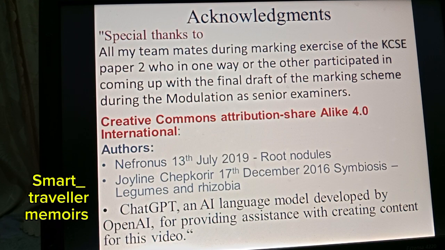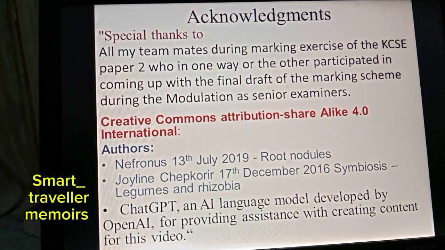Acknowledgement: special thanks to my teammates during the marking exercise. Creative Commons Attribution, Share Alike 4.0 International.